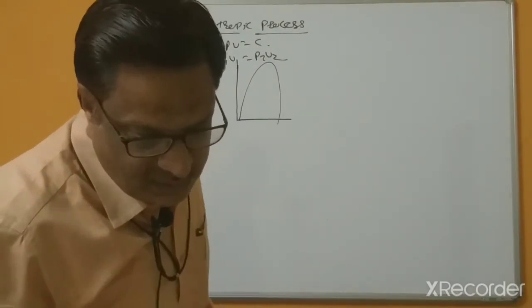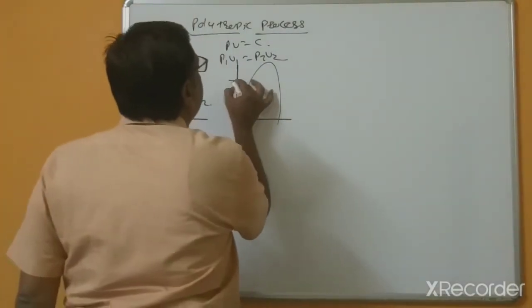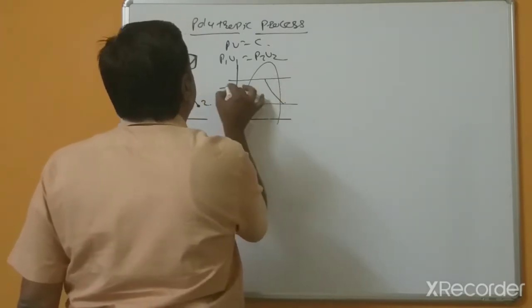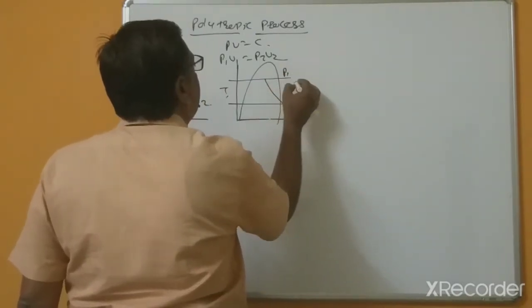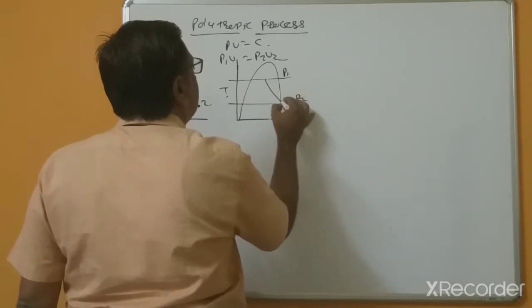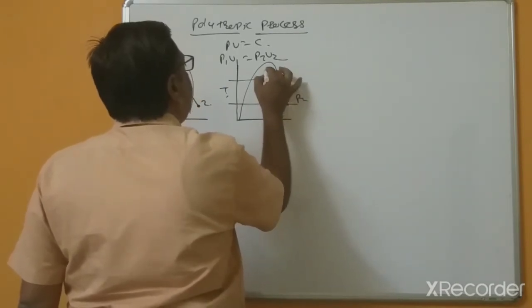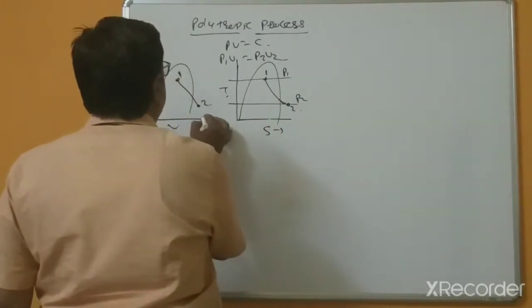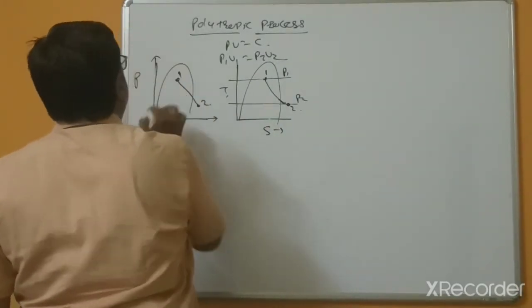Here also this is P1, P2, this is P1 bar, and this is P2. This is the first point and this is the second point. This is temperature versus entropy.